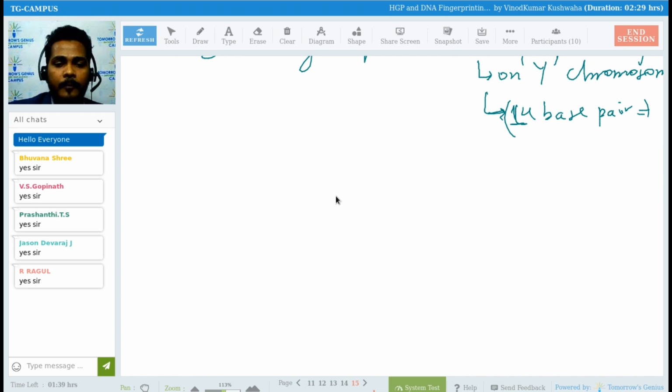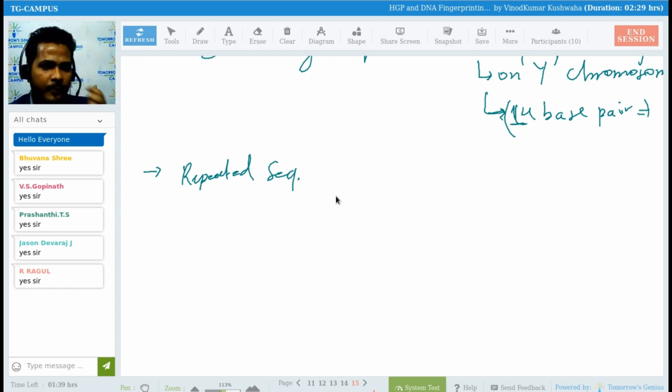Now what is a repeated sequence? I told you about the goals of the Human Genome Project, in which I already mentioned the repeated sequence.